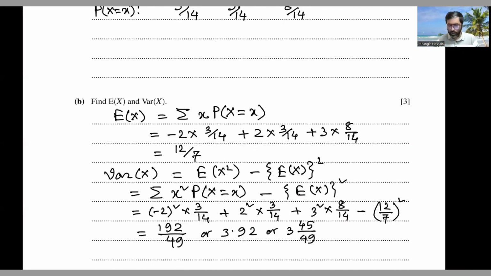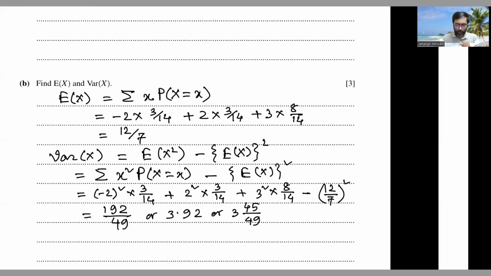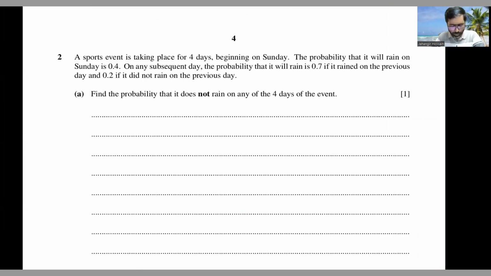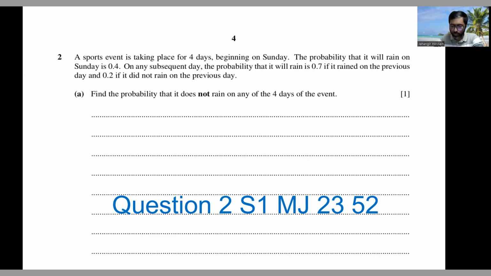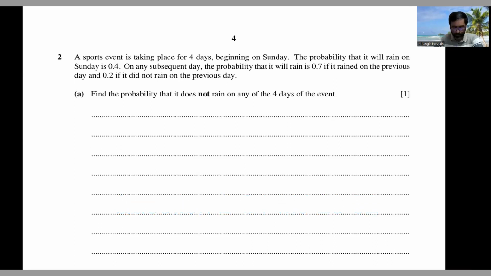Now let's move on to question number two. In question two, it says a sports event is taking place for 4 days beginning on Sunday. The probability that it will rain on Sunday is 0.4. On any subsequent day, the probability that it will rain is 0.7 if it rained on the previous day, and 0.2 if it did not rain on the previous day.